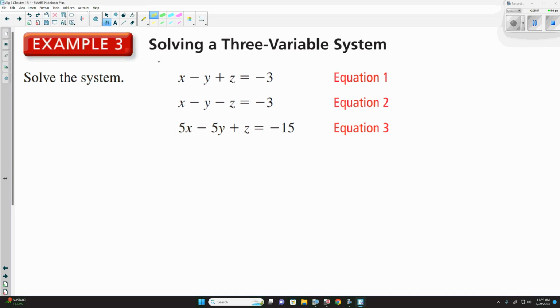Do we want to use equation 1 or equation 2? Because it doesn't matter which one we pick from 1 and 2 because both of them have 1 in front of X. So it'll work out nicely. Now the other two equations, we can write them down because we're going to use the middle equation, equation 2, to eliminate X from the other two.